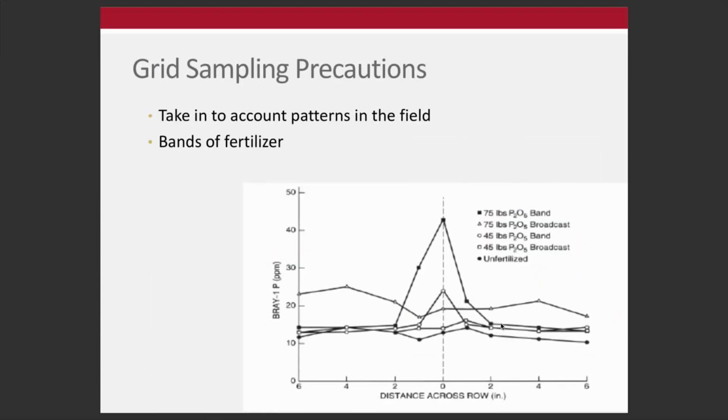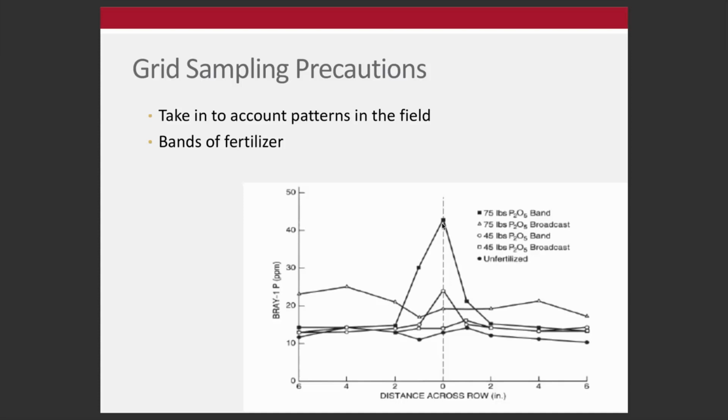And here's a classic example of why just having a few soil cores to make up a sample can be a bad idea. If people are banding fertilizer, that's what this is showing, distance between banded and broadcast fertilizer. If you're pulling a sample right in a row where there was crop grown and fertilizer banded, you can get very different values from your soil test.